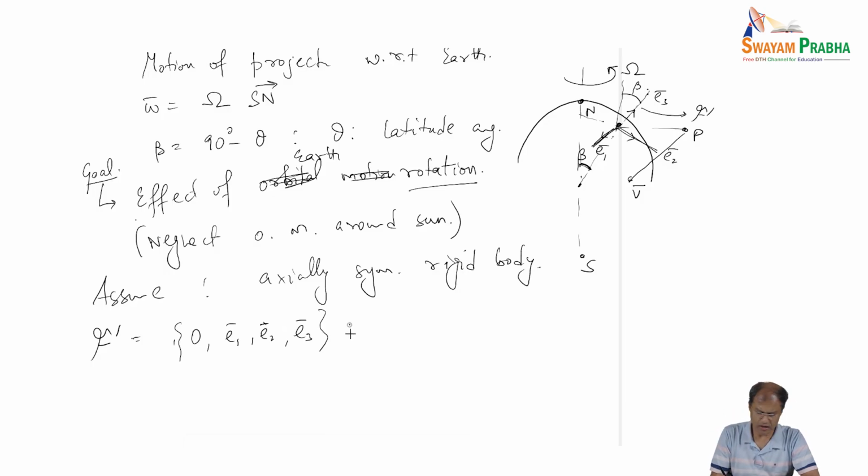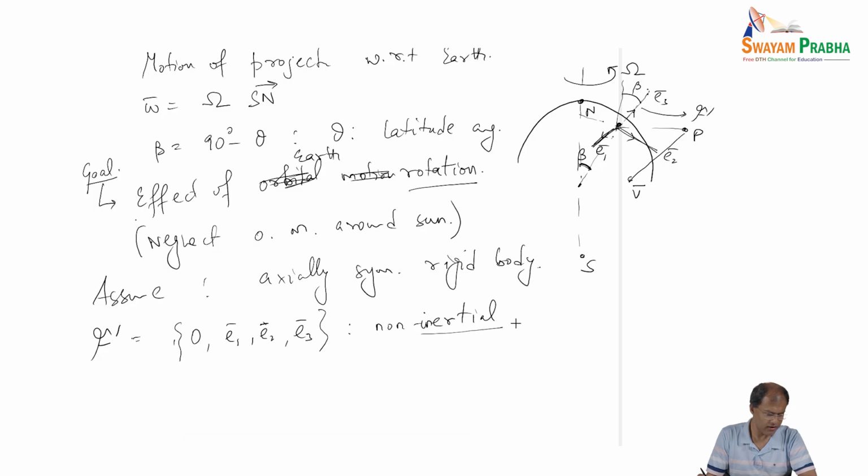So this is the non-inertial frame. We need to be very careful with the choice of words here. Why do we call this a non-inertial frame? Because for the projectile motion, this seems fixed. But with respect to Earth's rotation, this is moving, right? So still we denote it as a non-inertial frame to begin with.